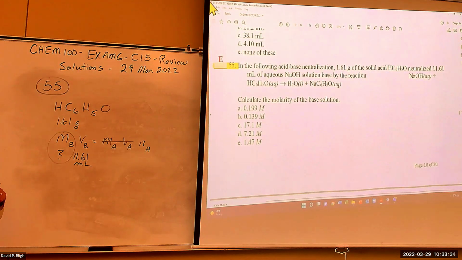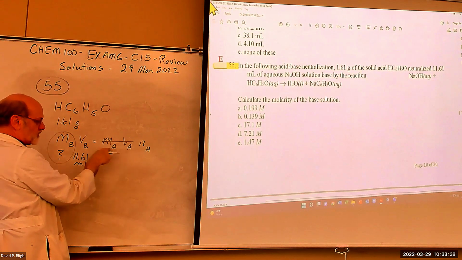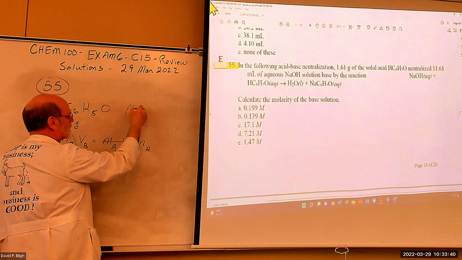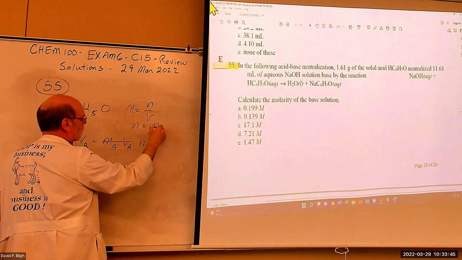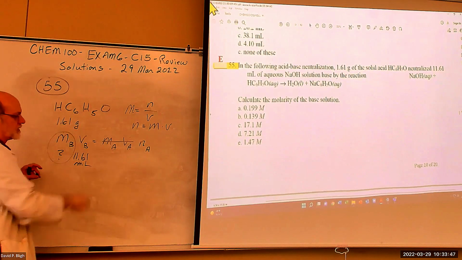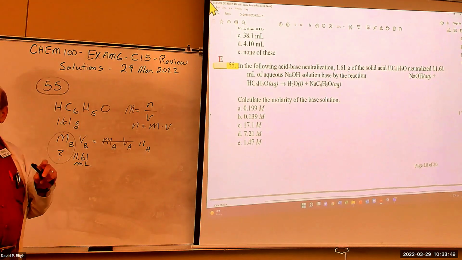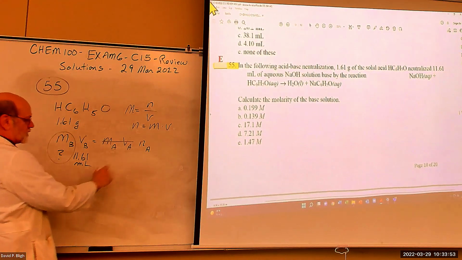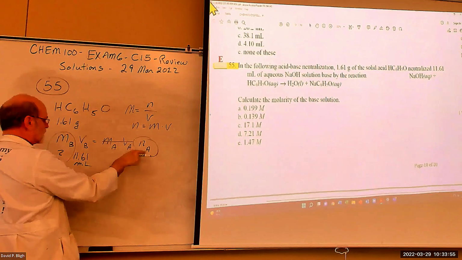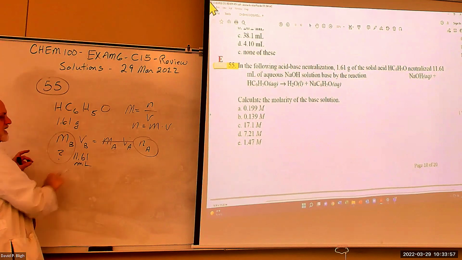You see what I just did? I just put in the equivalent for this one. Molarity equals moles per volume, so moles equals molarity times volume. But we don't have molarity and volume for the acid. We just have the ability to find out how many moles it is. So we can substitute moles of acid here for moles of base here.